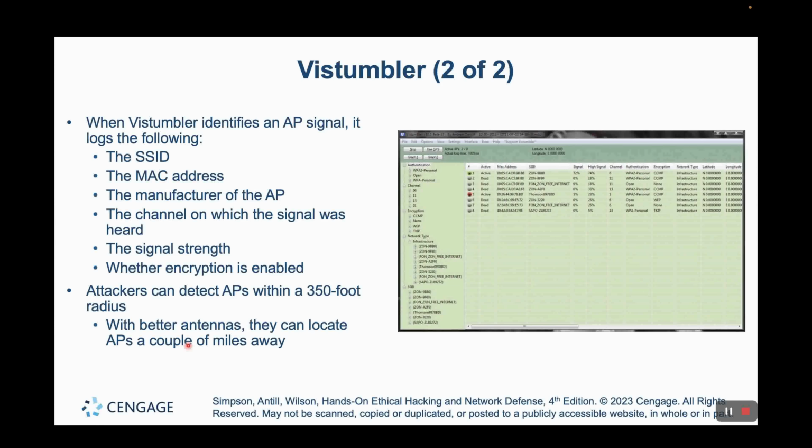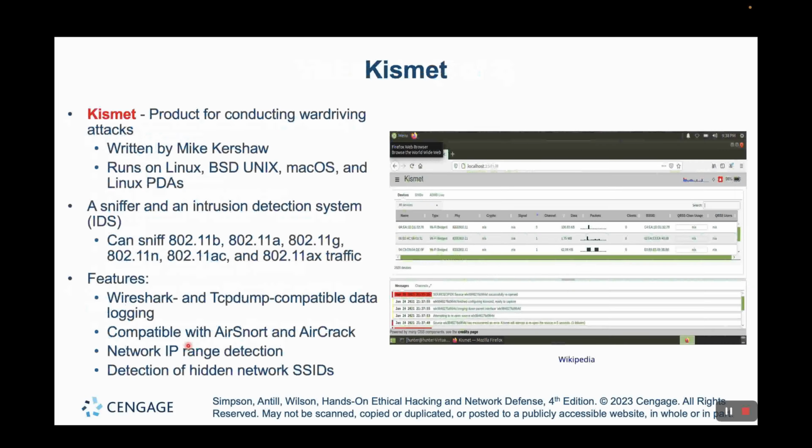They can amplify the signal strength, increasing the detection range, and they could be omnidirectional or directional antennas. So what are directional antennas? These can point in specific directions to detect access points from greater distances. Sometimes a couple of kilometers or miles away or more, depending on the line of sight and environmental conditions.